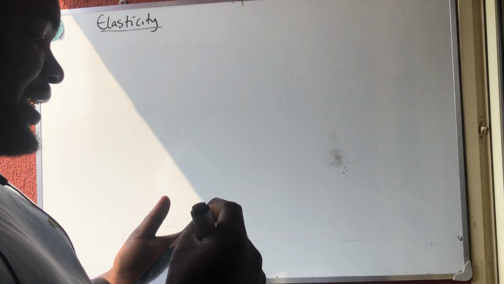Now let's talk about Hooke's law. Hooke's law states that, provided that the elastic limit of an elastic material is not exceeded, the force applied to an elastic material is directly proportional to the extension produced.